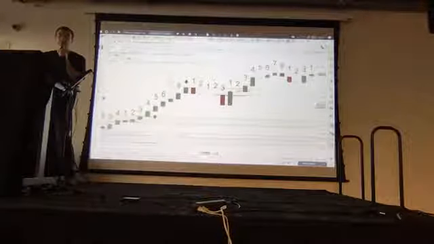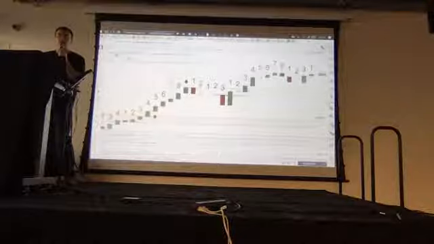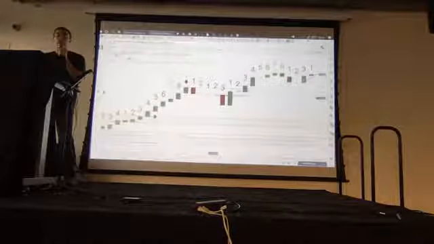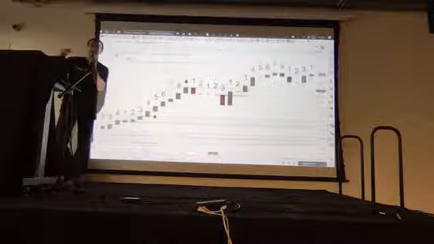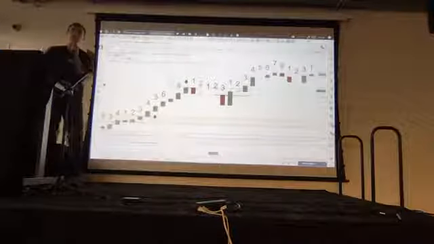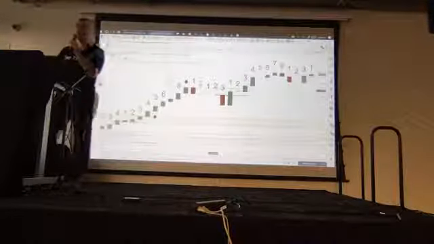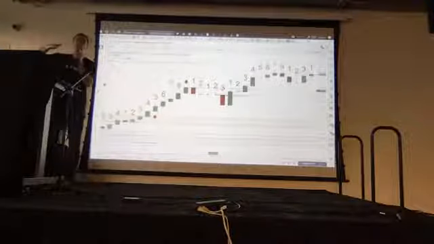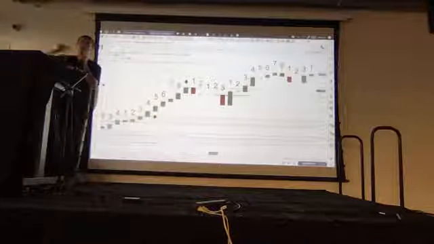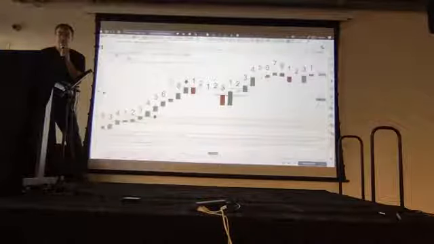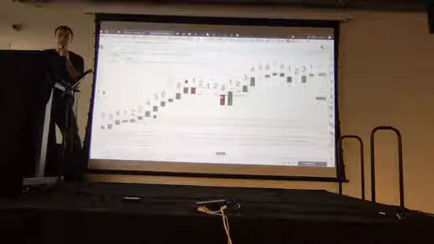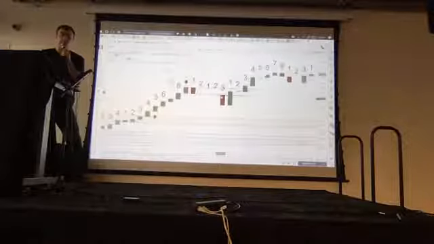So the entry point to me for a trade is the moment a number starts trading, like if it's red numbers, bearish counts. The bearish count needs to go below the previous day. Okay? And it happened right here.